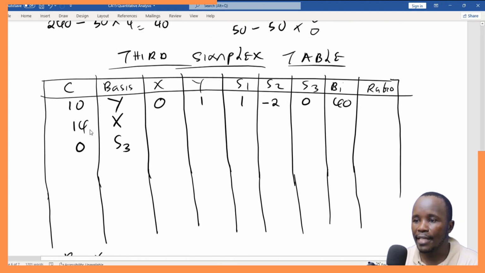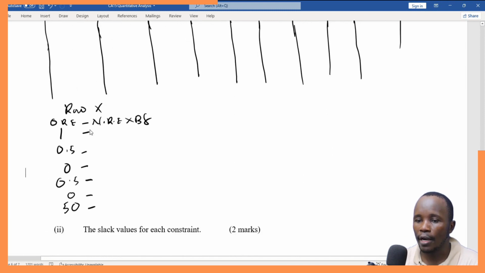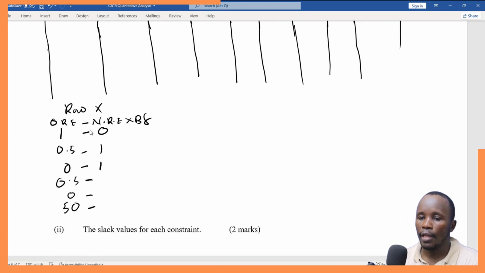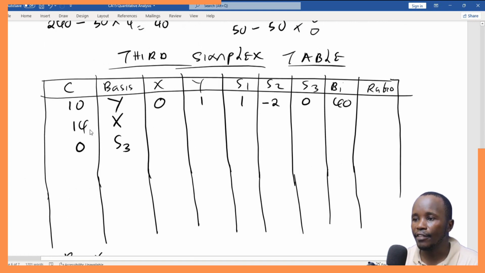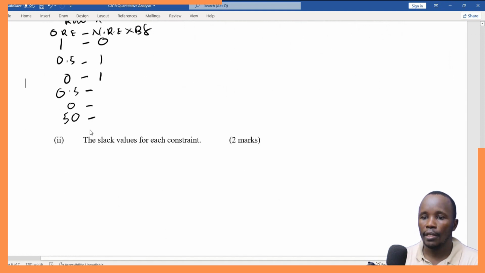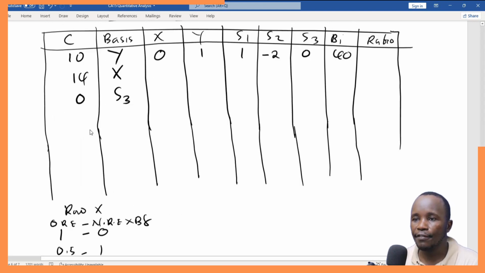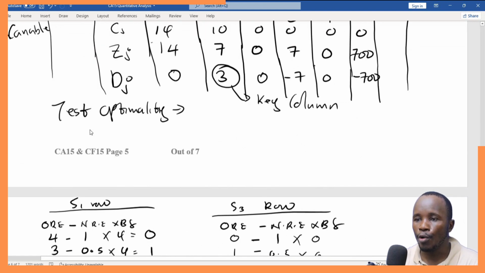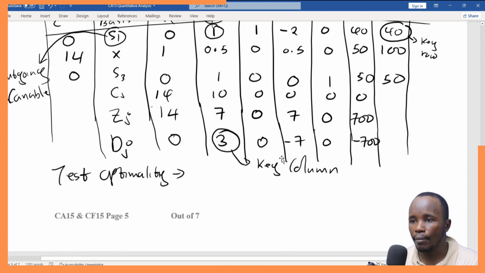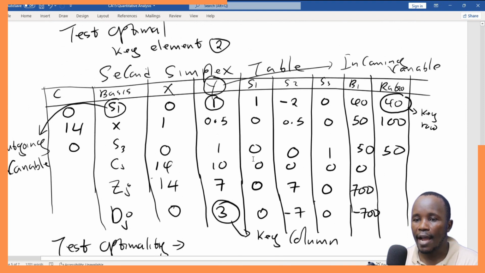The new row elements are for y. This is 0, 1, 1, then we have negative 2, 0, 40. We look at the balancing figure. This is the point where the key column meets our row of interest.